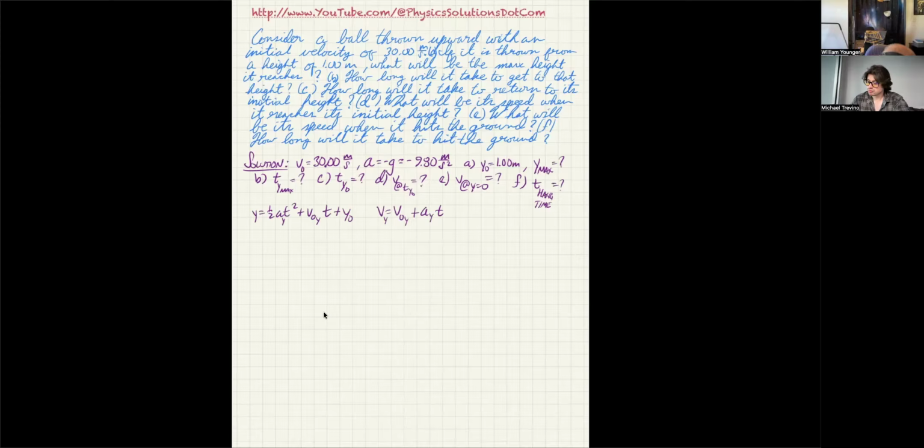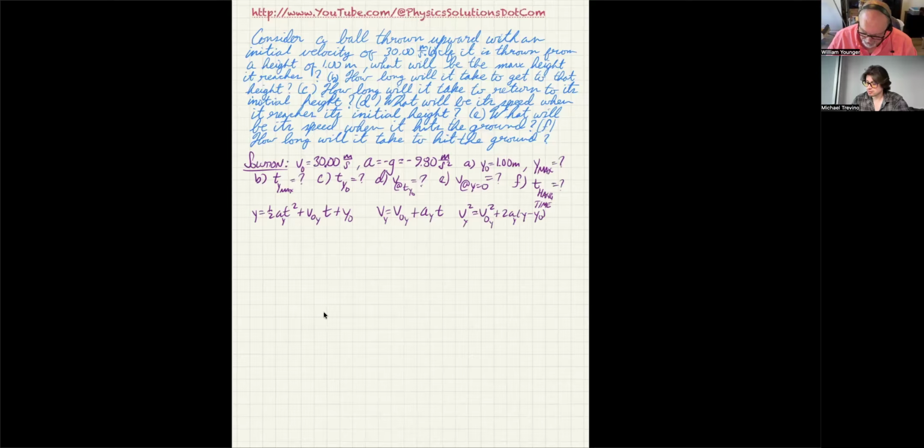And I could put the subscript y on the a as well, just to remind us that we're talking about the acceleration in the y direction. Those two equations are usually enough, but we also might use v squared is equal to v0 squared plus 2a. In this case, we might subscript the y, in which case this will be a sub y, and this would be y minus y0 instead of x minus x0.